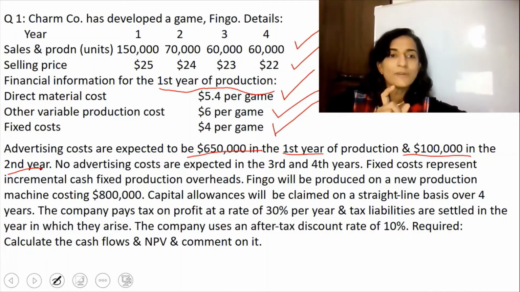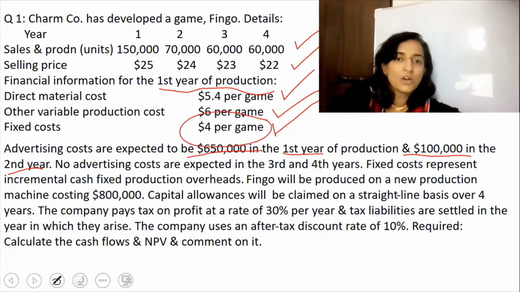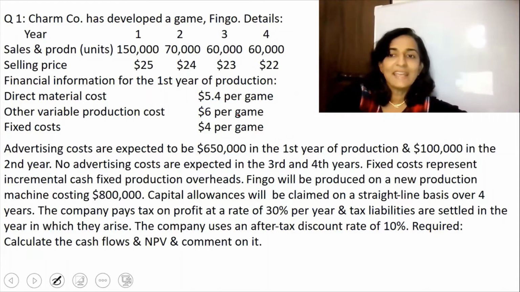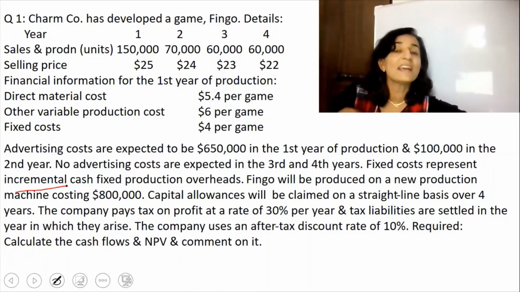Fixed costs represent incremental cash fixed production overheads. That is, this fixed cost represents incremental, which means that these are additional fixed cost. So we have to take it for NPV calculation because we studied that one of the golden rules of NPV is to include only additional fixed cost.